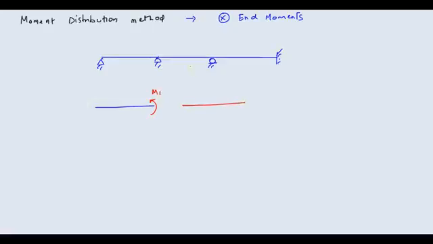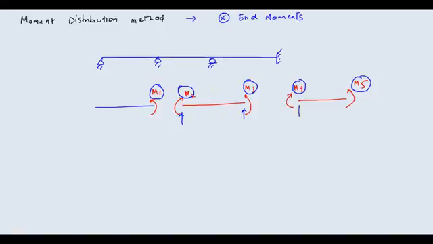Then you have this second beam, you will get this m2, this as m3 and this as m4, and this is m5. So these end moments you will obtain with the help of the moment distribution method. Later you have to use these moments to get these reactions, so with the help of these moments you can evaluate all the redundants.